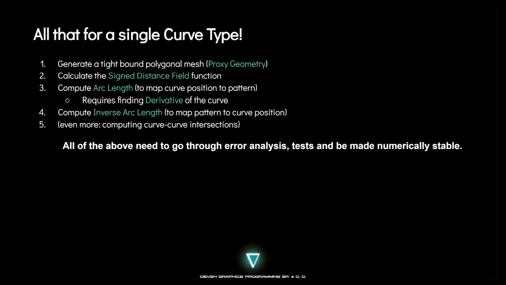So for each curve type, we have to generate a tight-bound polygonal mesh, calculate the SDF function, compute arc length, which requires finding the derivative of the curve, and compute inverse arc length. There is even more we will get into, and all of the above needs to go through error analysis, tests, and be made numerically stable.